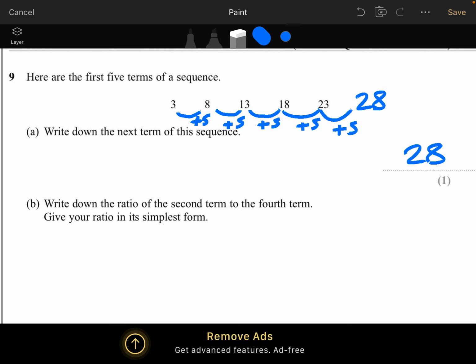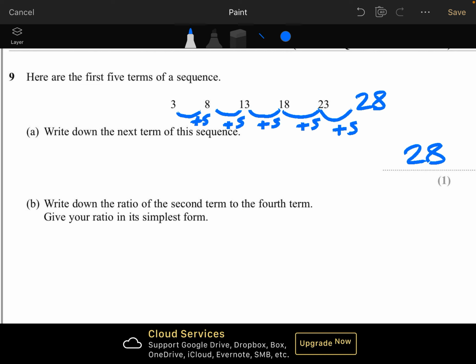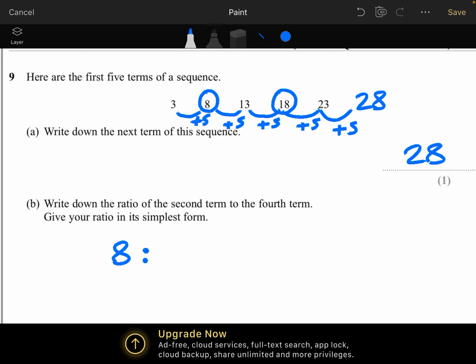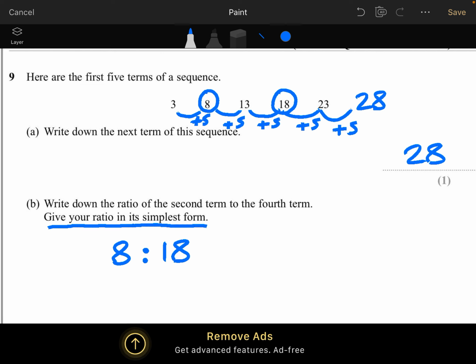Part B. Write down the ratio of the second term to the fourth term. The second term is 8. The fourth term is 18, because that's the positions they're in. And the ratio is 8 to 18. It does also say give your ratio in its simplest form.